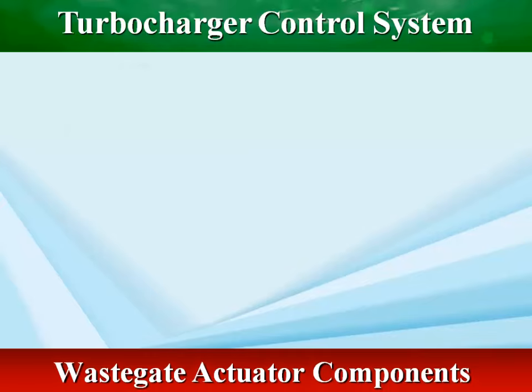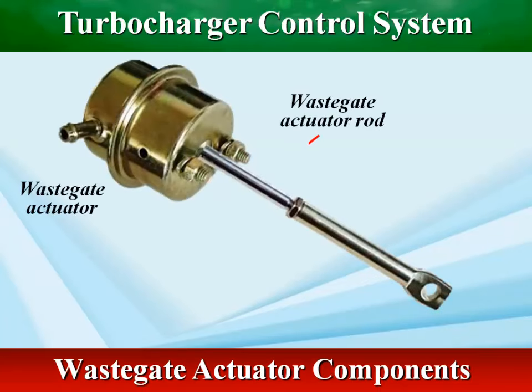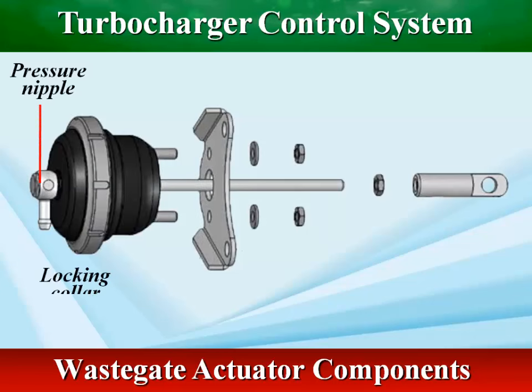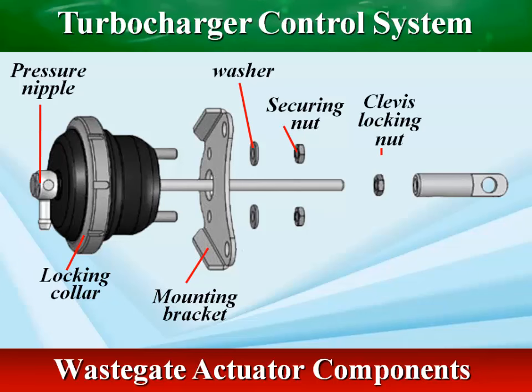A wastegate actuator utilizes a diaphragm and a spring to open or close a wastegate valve in the turbine housing, directing exhaust gases away from the turbine wheel once a predetermined pressure is reached.